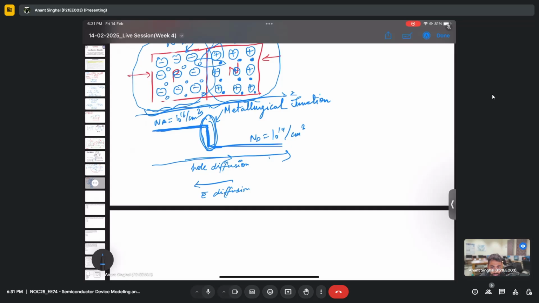So this is what we call a step or abrupt junction. In most p-n junction problems, they write abrupt p-n junction. So this is what is abrupt, like a step. Make sense?